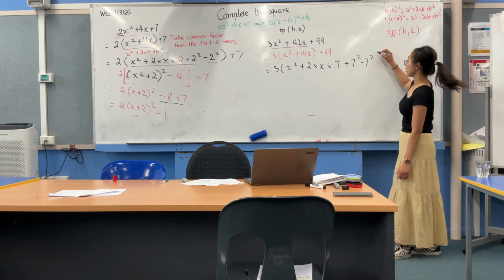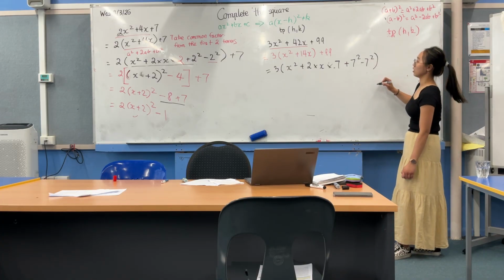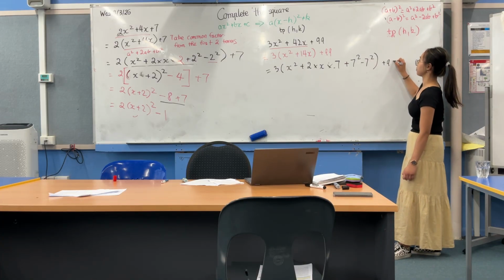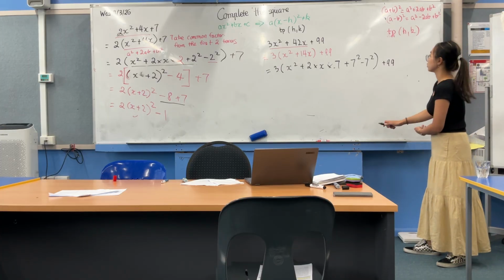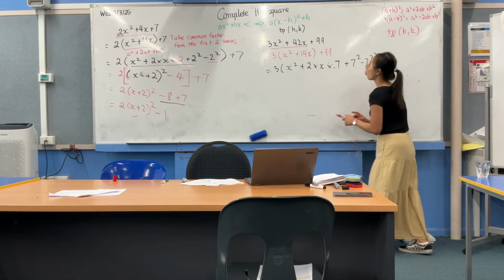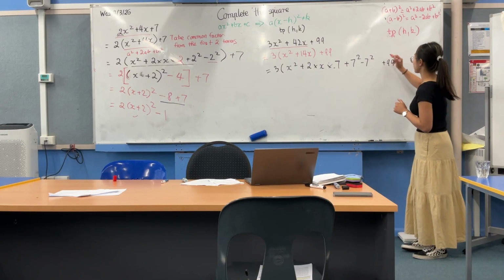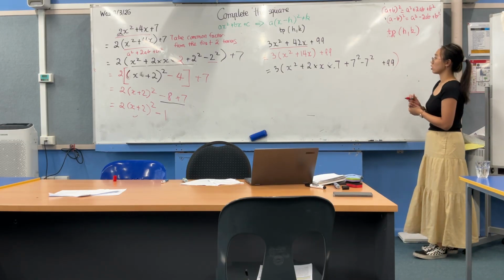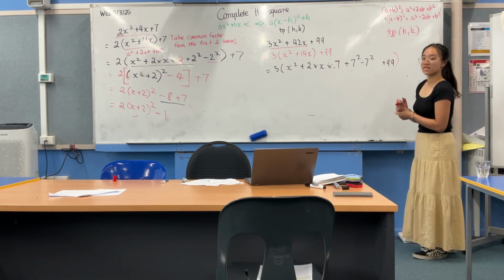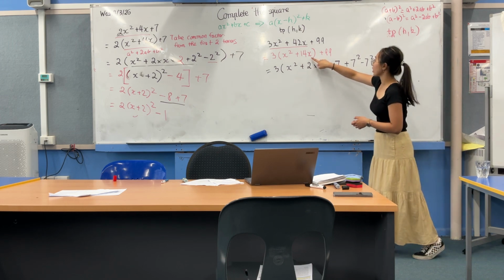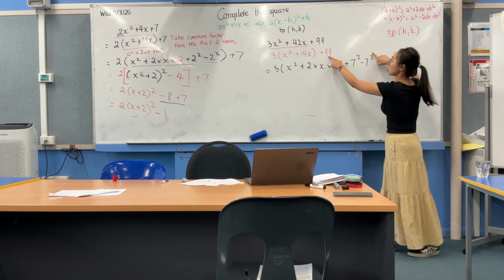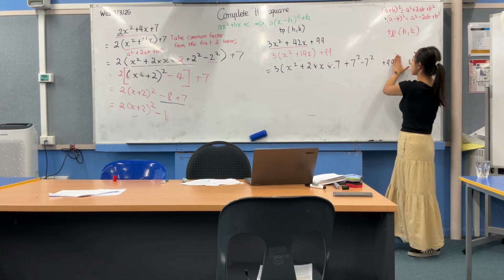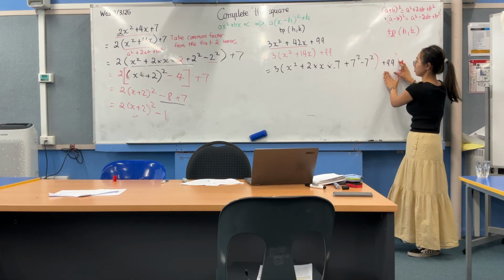Close the bracket, plus 99. Are we good? Why don't I put the bracket here? The reason is that we're trying to work inside the bracket for 14x here. 99 is already outside the bracket, so 99 is untouched at this point.